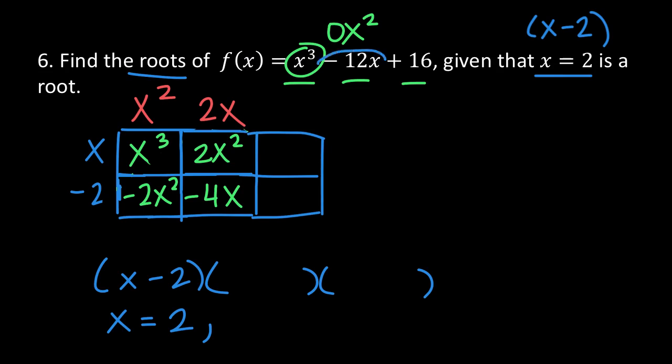I'm looking at the next term. I want negative 12x, not negative 4x, so I need to think of what goes here to add to negative 4x to get negative 12x. Negative 8x. Now those add up to get negative 12x.